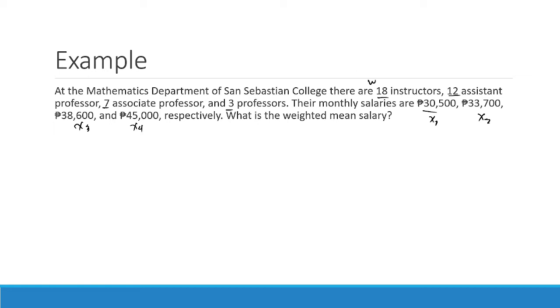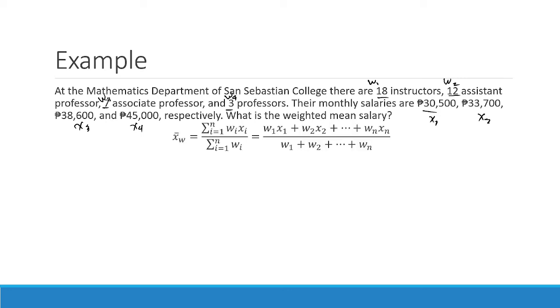Again, weight 1 here will be 18, weight 2 will be 12, weight 3 will be 7, and weight 4 will be 3. So, just using the formula that we presented earlier, it would look like this.